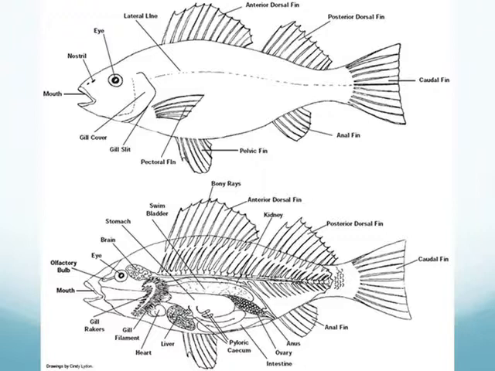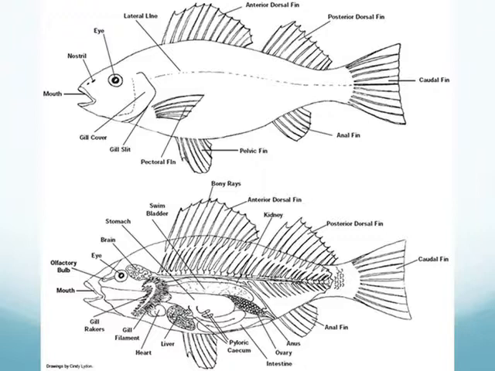So it's going to vary whether you're talking about a shark or say a parrotfish or something else of that nature. But the main things that you should know in particular is the image on the right, on the top there, shows the body parts on the outside of the fish.